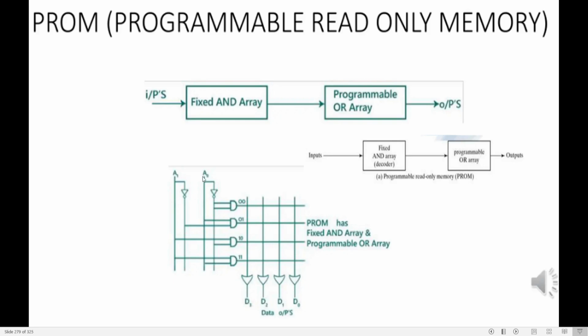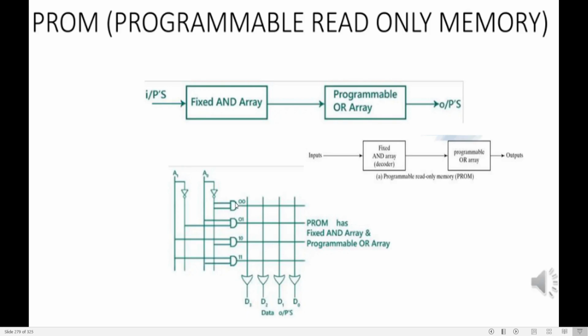If I have two inputs, how many AND terms will I get? If I have n inputs, 2 power n. So for that we are using a decoder. A decoder is a device which takes n inputs and gives 2 power n outputs. So I give A0 and A1 so that I get how many outputs? 4 outputs. That is 2 to the power of 2.